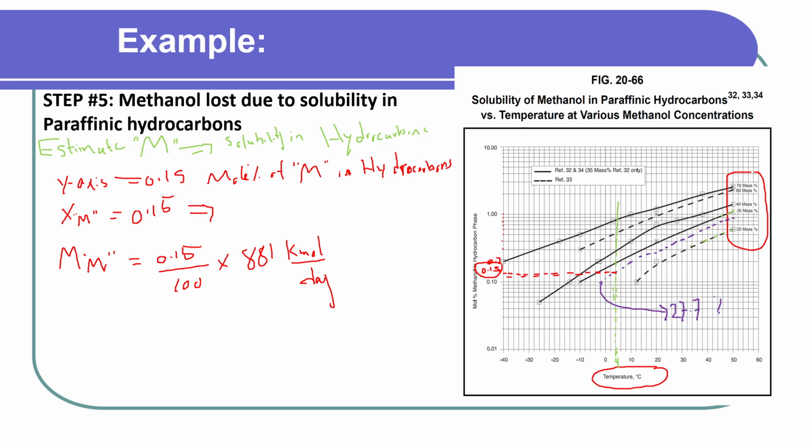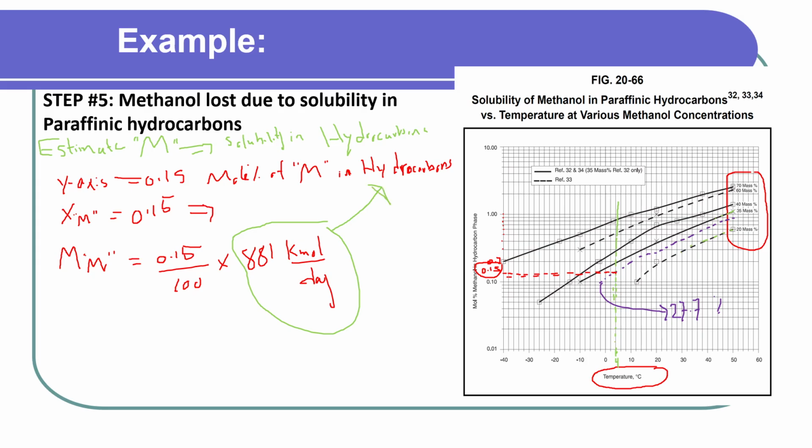How did we calculate it? We calculated it in step 1, where we calculated the liquid hydrocarbons flowing as a volumetric flow rate, and with the density and the molecular weight you can calculate the molar flow rate of the heavy hydrocarbons.